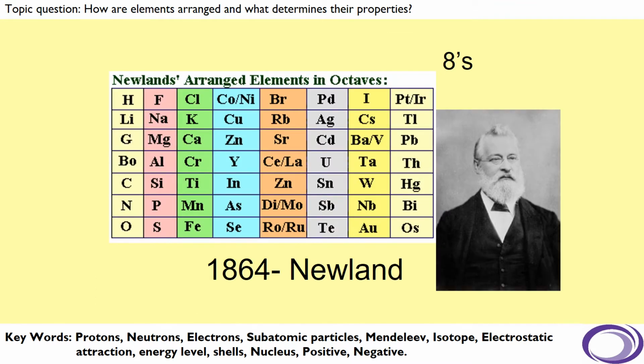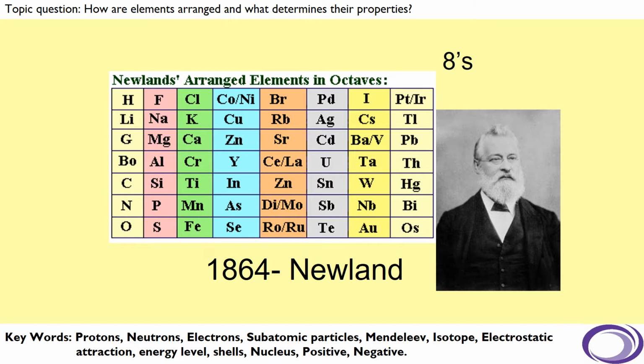We also have Newlands, who arranged the elements in order of their atomic weights, which was the information he had at the time, from lowest to highest, but he organised them in rows of 8, which is what he called his octaves.